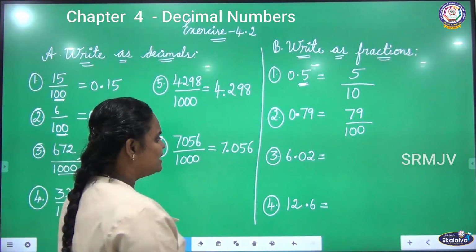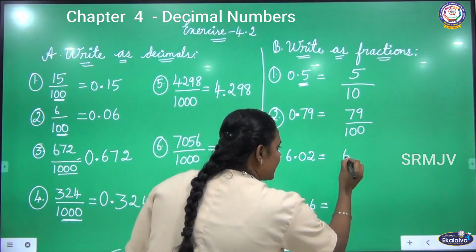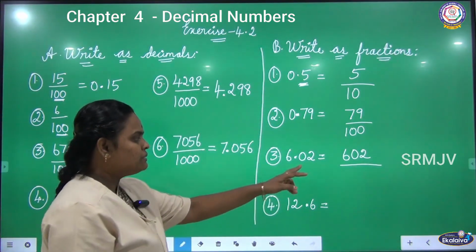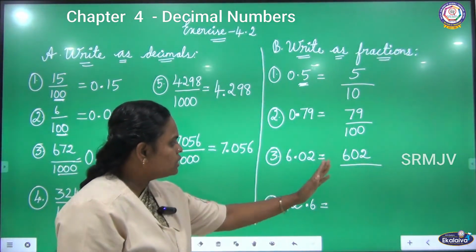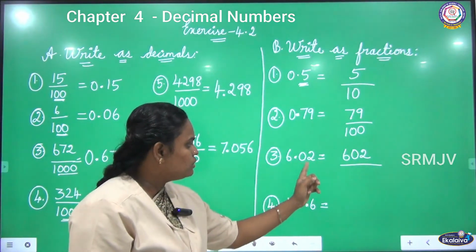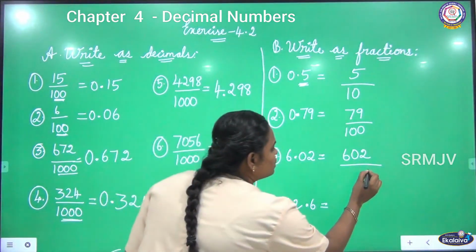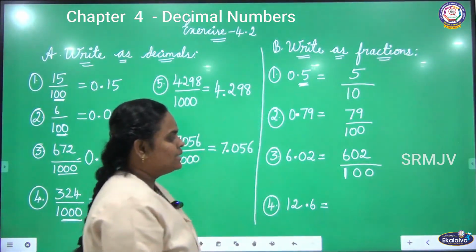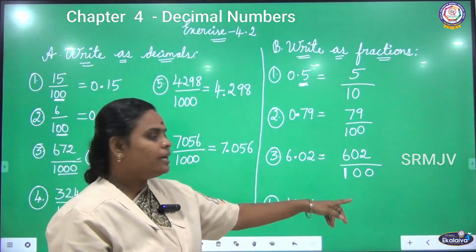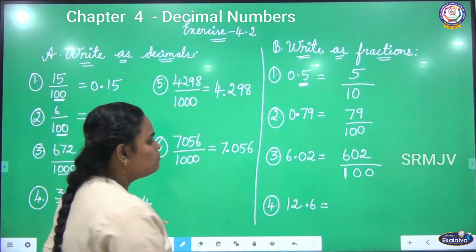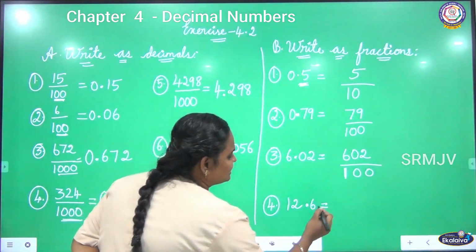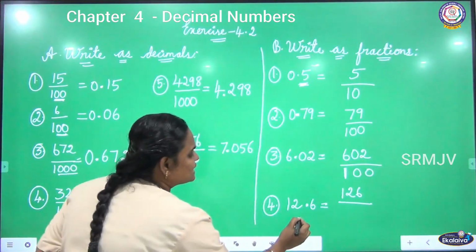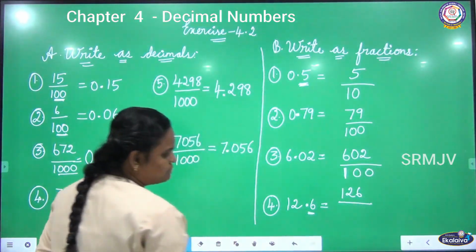Next one, 6.02. So you write 602. Then how many decimal places are there after the dot? 1, 2. So you have to write 2 zeros. So what is the answer? 602 by 100. Next 12.6. So you write 1, 2, 6. Then how many decimal places, children? Only 1 decimal place.